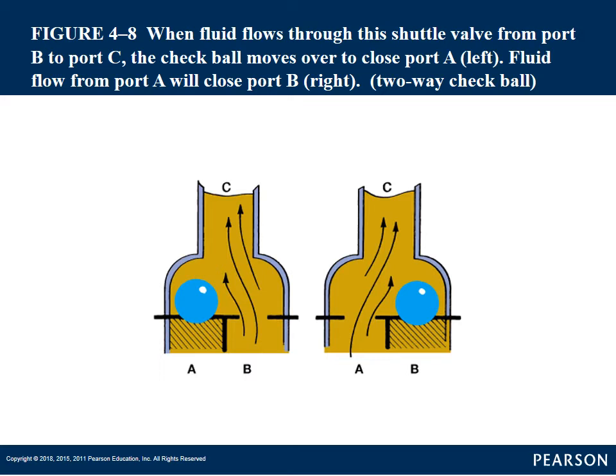And then when they decide to quit the fluid flow on B and apply it on A, then the check ball is able to move over and block the passage in B.